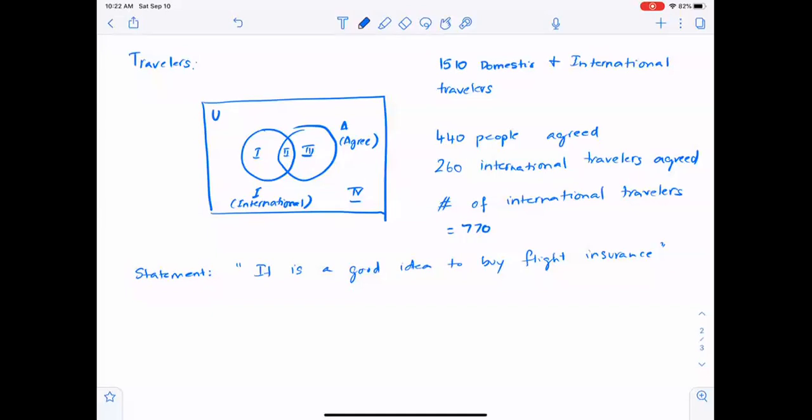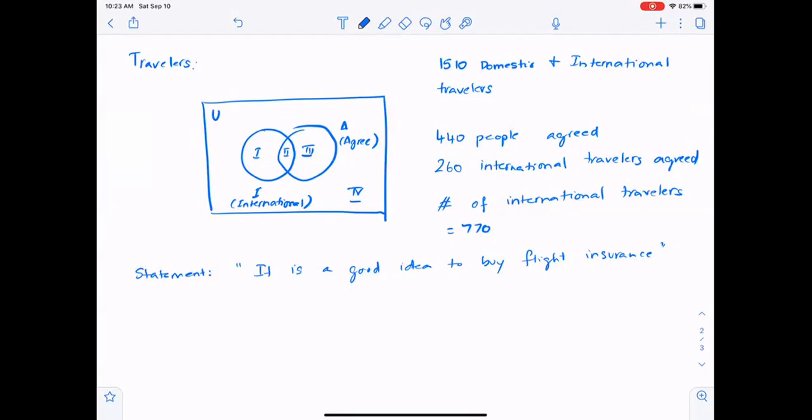So I have summarized the information from the problem. We have 1510 domestic and international travelers. And we have a statement that we posed: it is a good idea to buy flight insurance before you get on a trip. We want to know the number of people who agreed and the number who disagree.